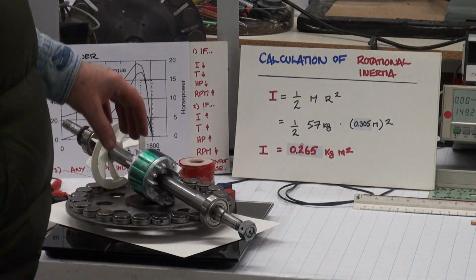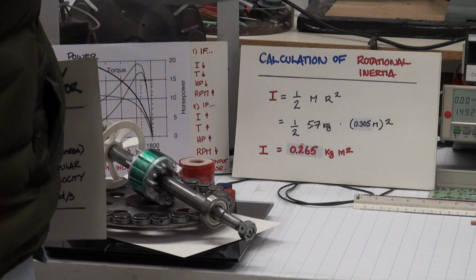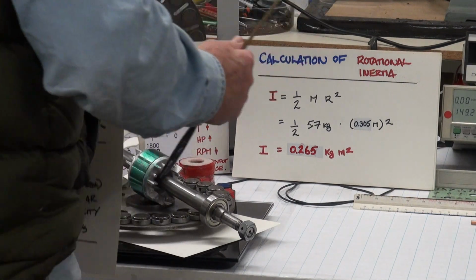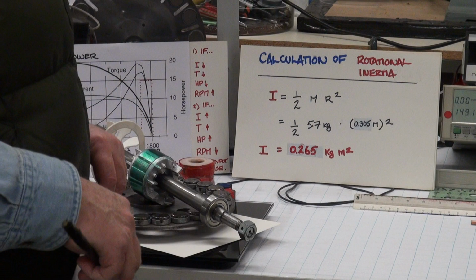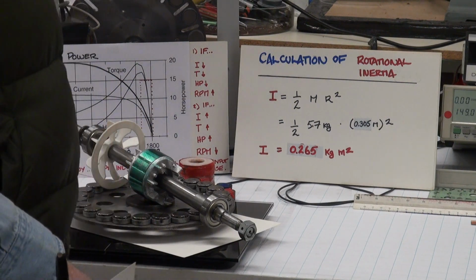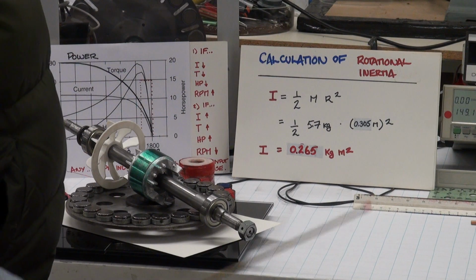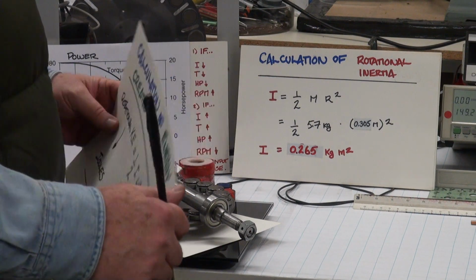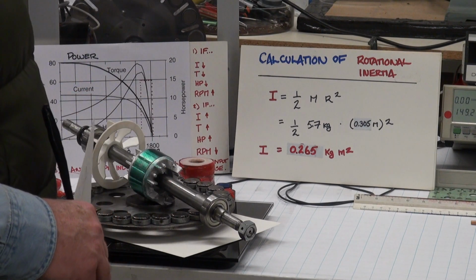So what I've done is I've dismantled an induction motor prime mover, and I've taken out the rotor, and I've taken off a permanent magnet rotor in order that I can determine the rotational inertia of our rotating pieces.